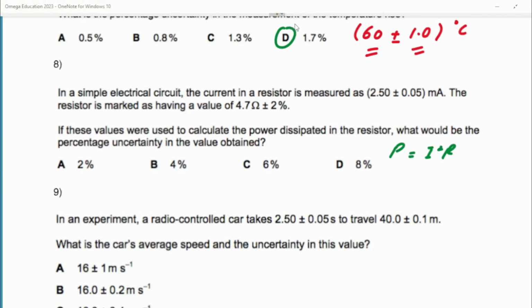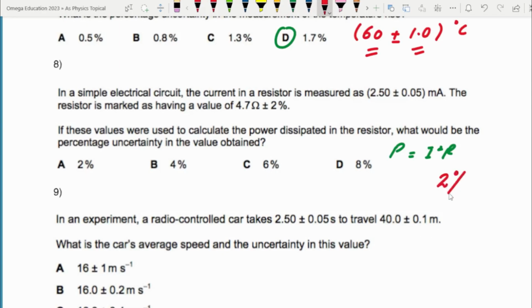Whenever the quantities are being added or multiplied or divided, what do you do? You add the percentage uncertainties. So the percentage uncertainty of R is already given, which is 2%. But the percentage uncertainty of current is not given. The absolute uncertainty of current is given.